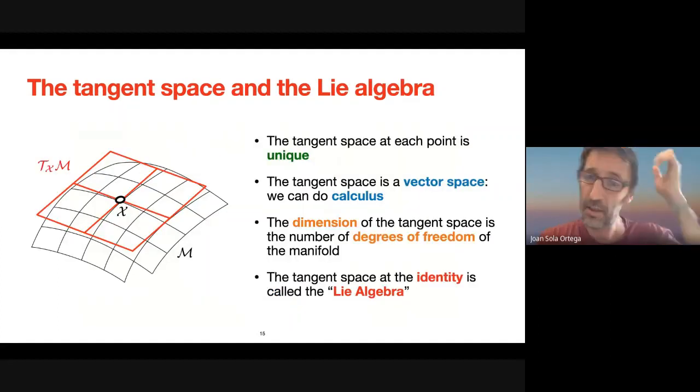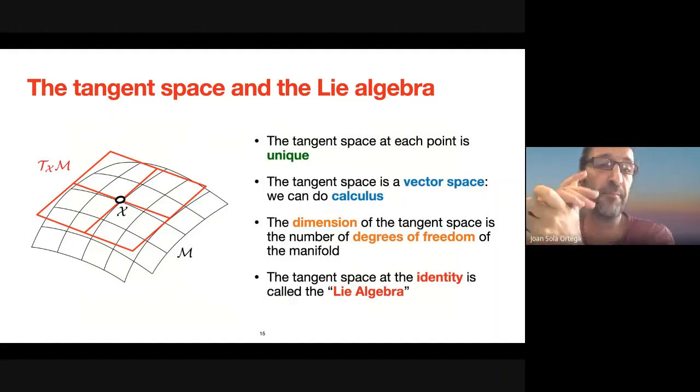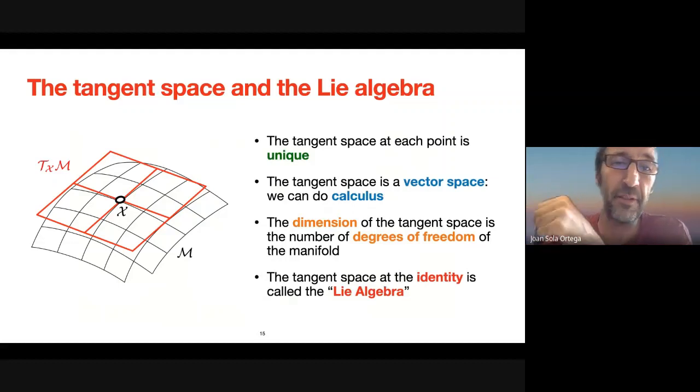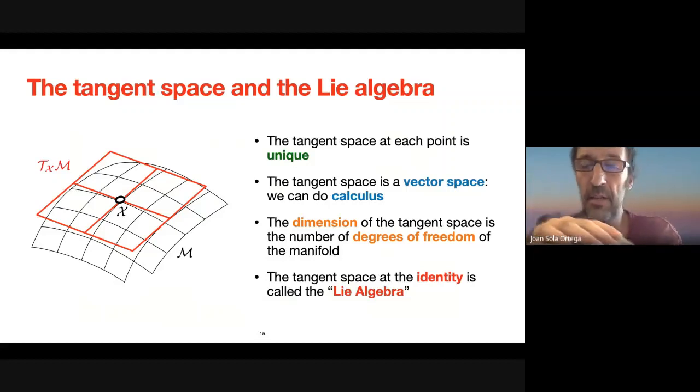So let's talk a little bit about the tangent space. So just a few basic ideas. Because the manifold is smooth, it means it has no edges or no spikes. At any point x on the manifold, you can define only one tangent space. All right? This is a consequence of the manifold being smooth, that every point has a unique tangent space.